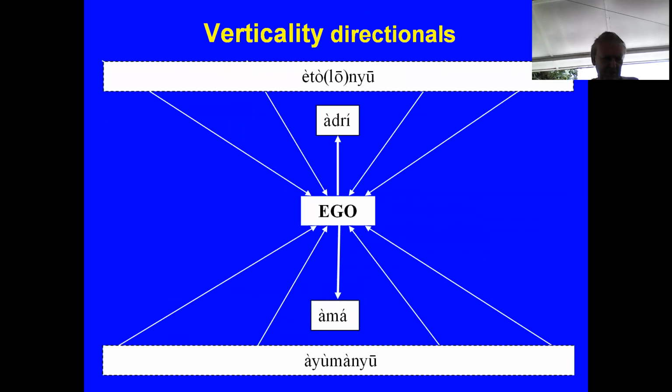So I've tried to represent this on a diagram showing the proper downwards, and which has a wider range, if you like, in terms of where something is, and direct down and direct up in the same way. So all of these relate back to ego at the center.